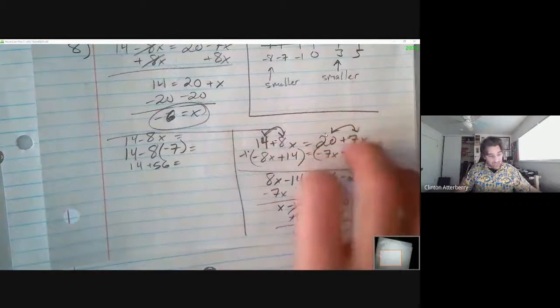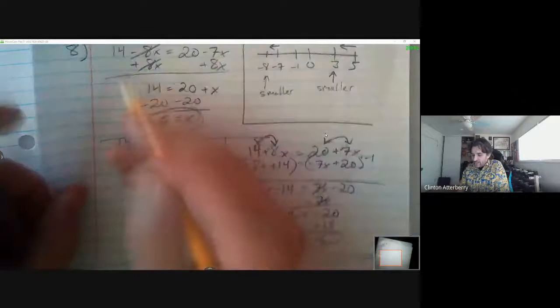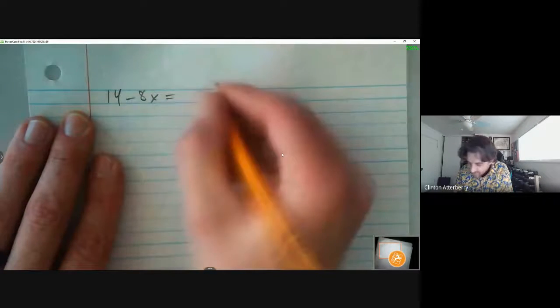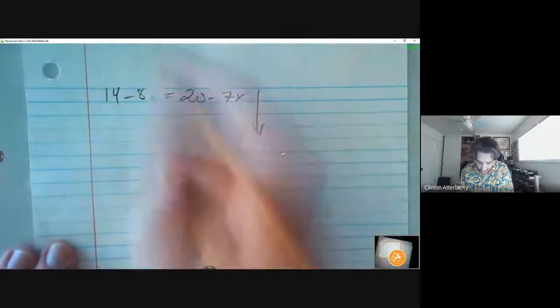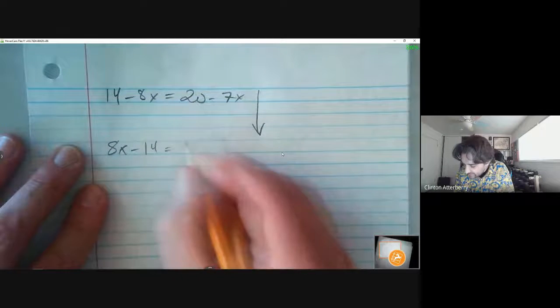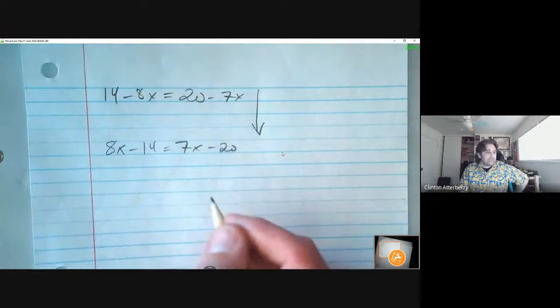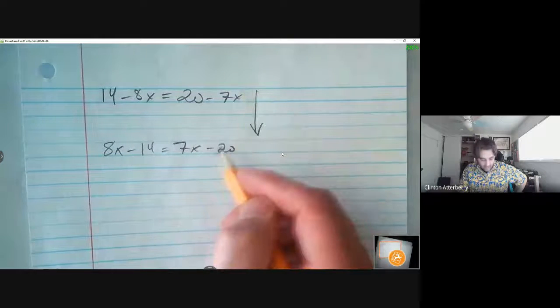If this process makes sense to you, between now and the next class meetings, the next couple days, next couple weeks, take this exact same problem: 14 minus 8x equals 20 minus 7x, and see if you can practice on your own turning this into 8x minus 14 and positive 7x minus 20. See if you can actually go through this process and transform that on your own.